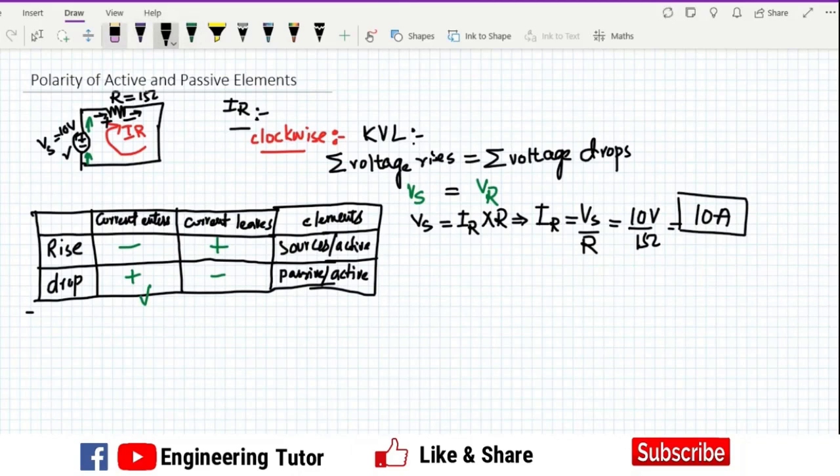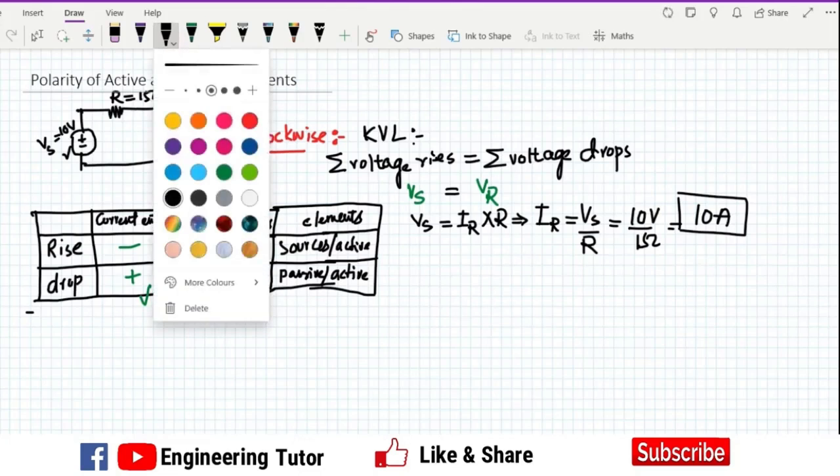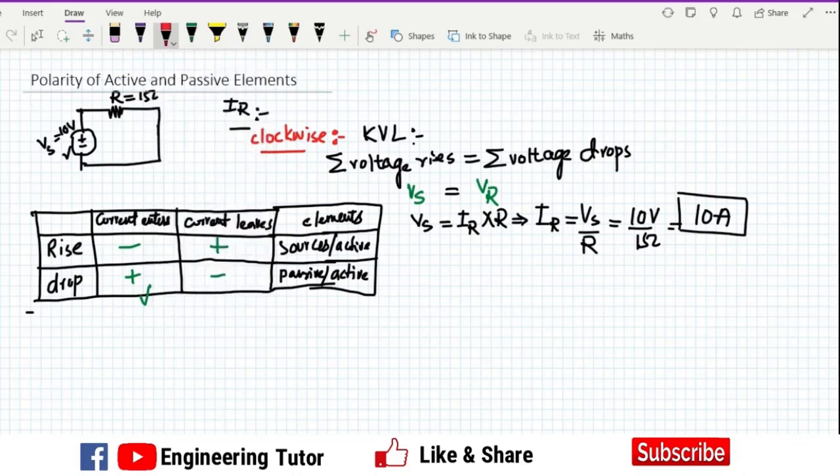Similarly, let us consider another scenario. Let me remove all these. This is the resistor. Let us consider again another direction of the current, and this direction is basically the counterclockwise, and let me write it here.